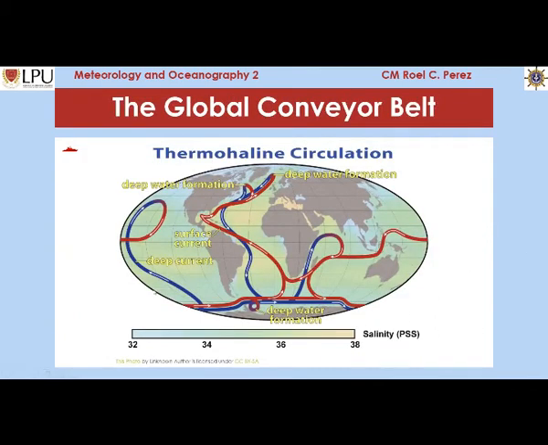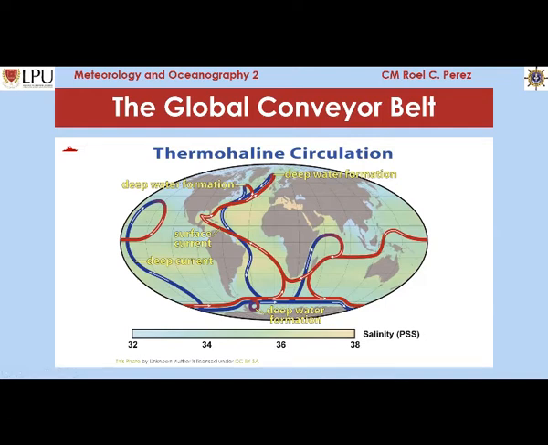So here, the deep water formation in the Arctic, and also here, caused by the Irminger current. So this is the Gulf Stream, di ba? And then when it goes up, it is called the Irminger current. When it continues, it will go to the Norwegian current, which brings a warmer climate to Norway.